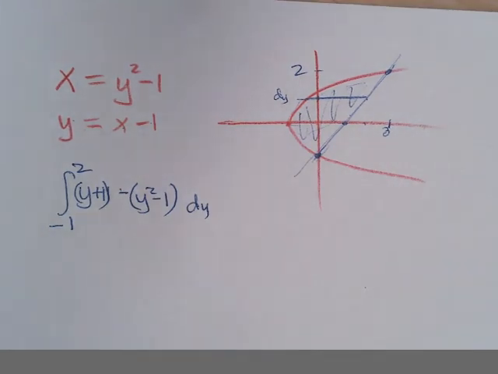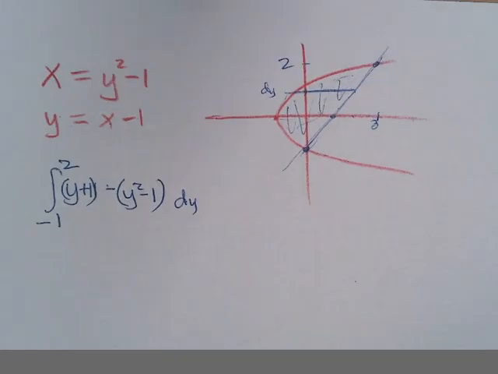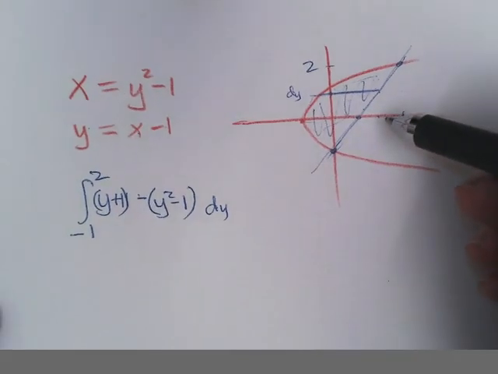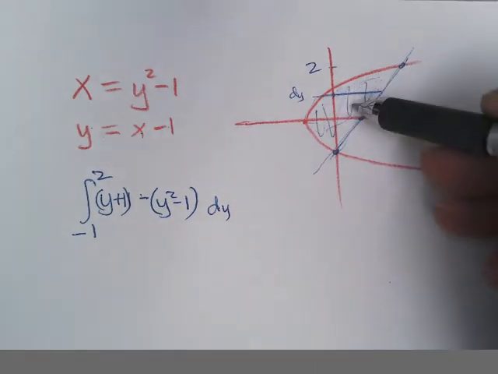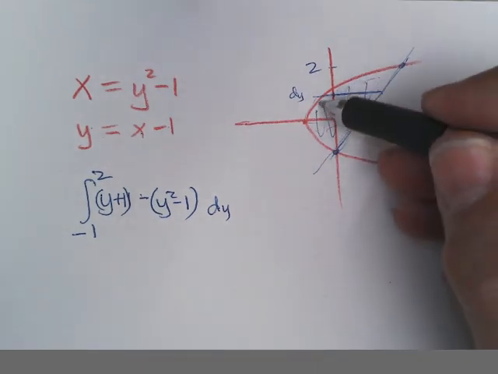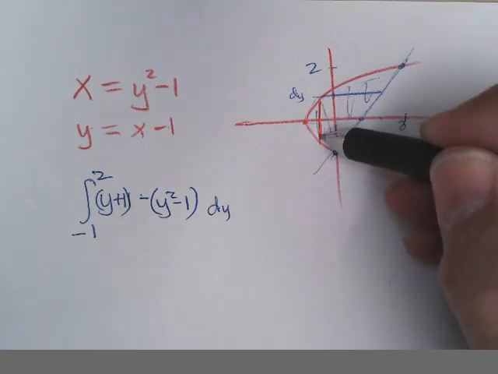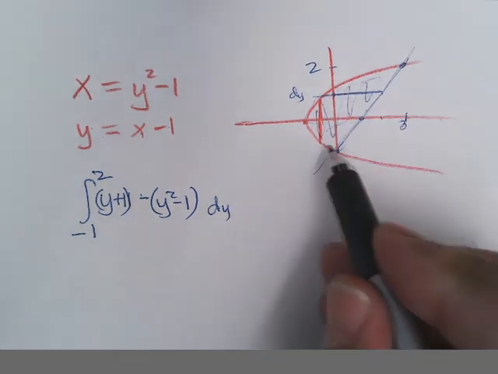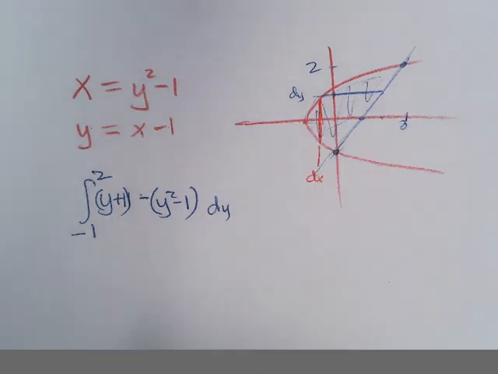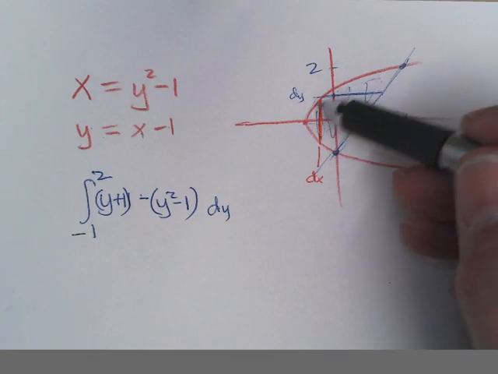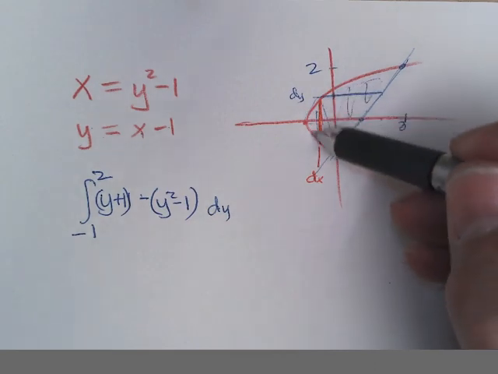Now, if you tried to go the other way, it gets a little bit complicated. If you tried to do a vertical bar, so let's say I do one right here, the width of the bar now would be dx. Its width is a little slice of x. And we'd have to take this curve minus this curve.